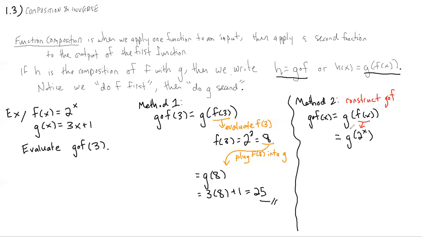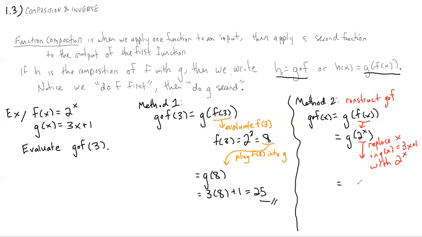And now we do what we were talking about before with plugging things into the function. I'm going to replace the x in g with 2 to the x. So g of x is 3x plus 1, with this 2 to the x instead of that x.